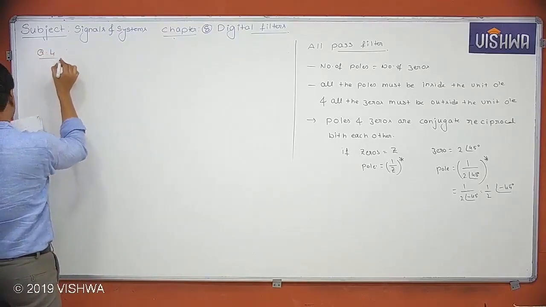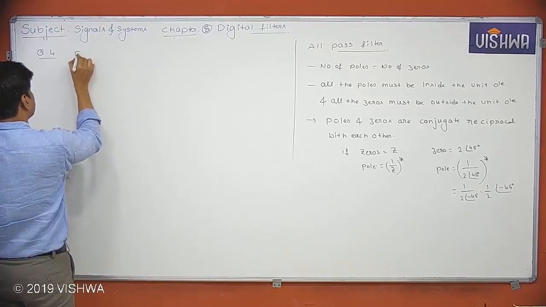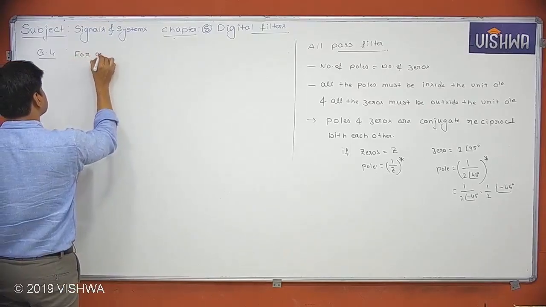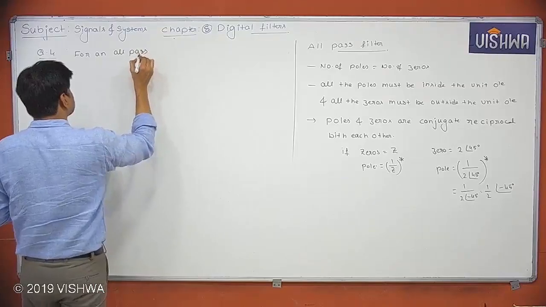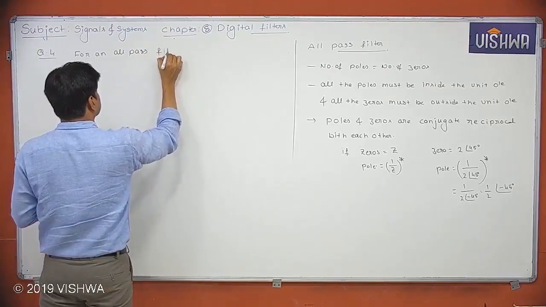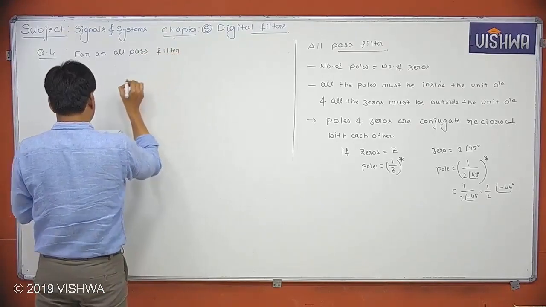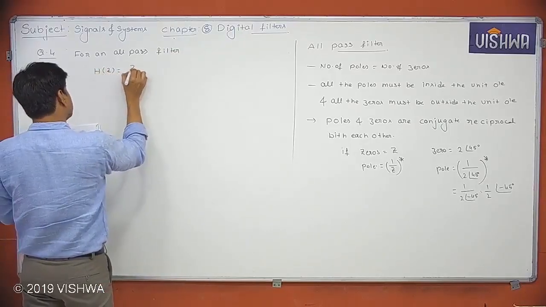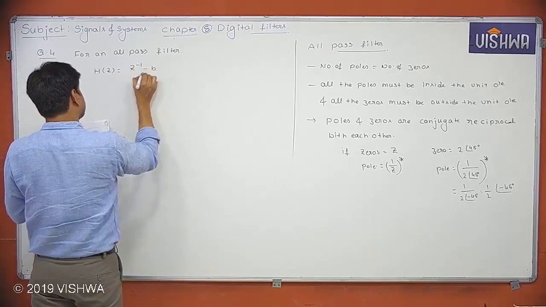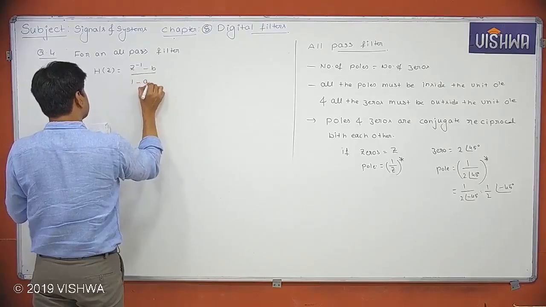Question number 4. For an all pass filter, H(z) is equal to (z inverse minus C) by (1 minus A z inverse).